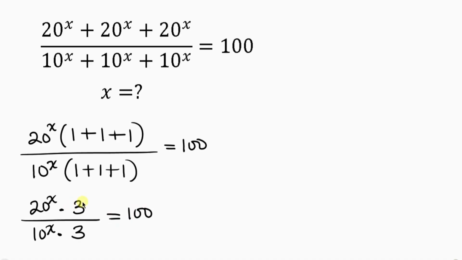Now see that 3 cancels out 3, leaving behind 20 to the x all over 10 to the x, and this is equal to 100. Very good.